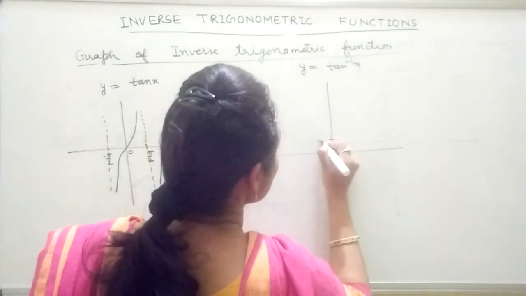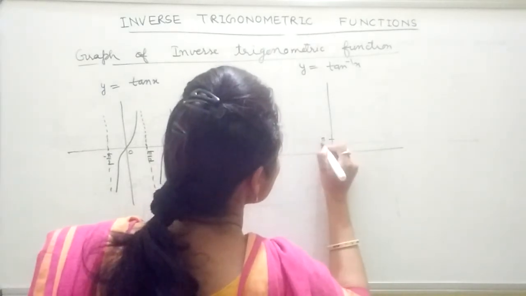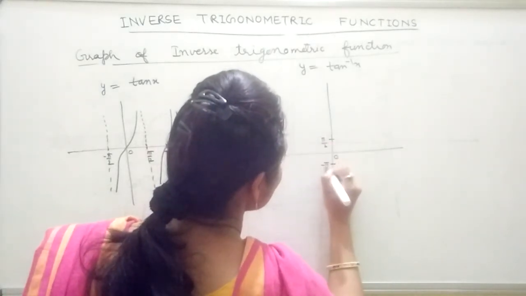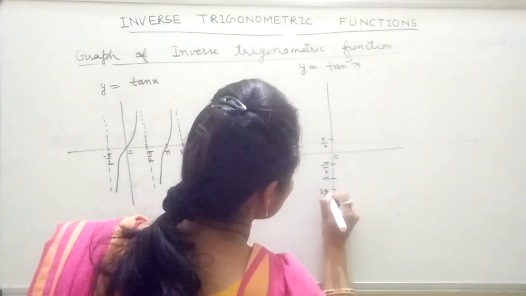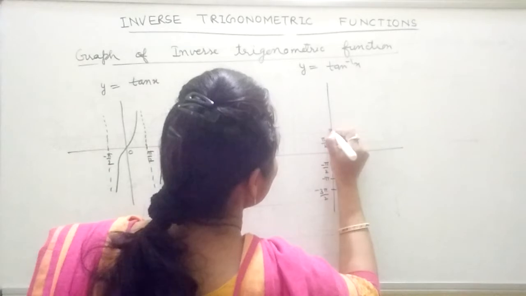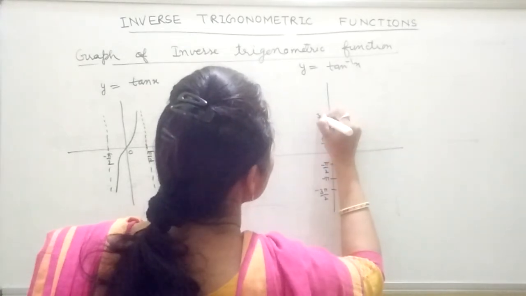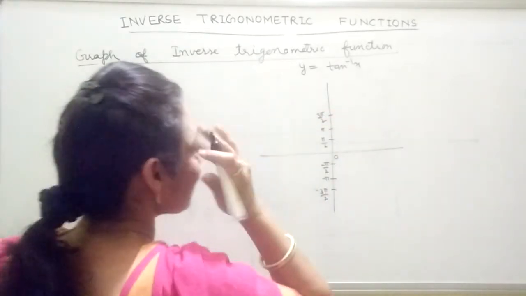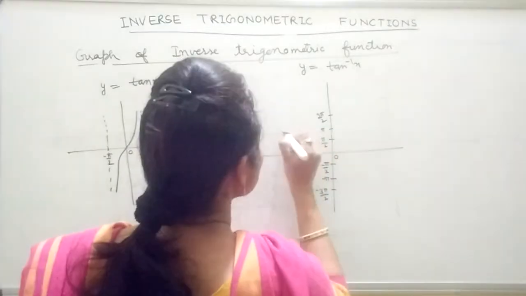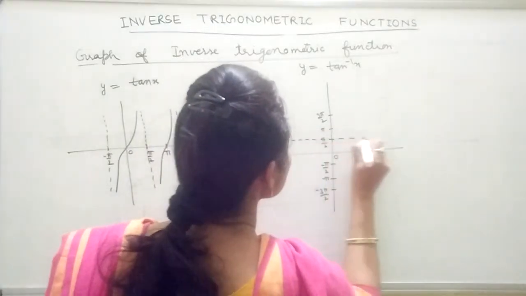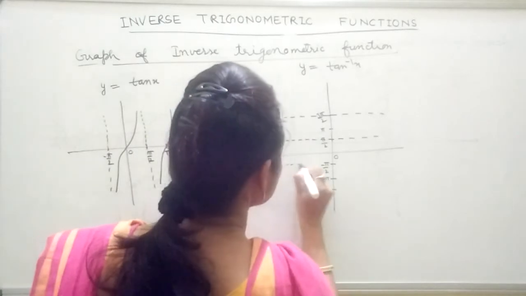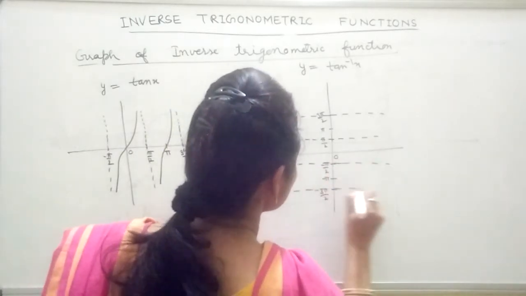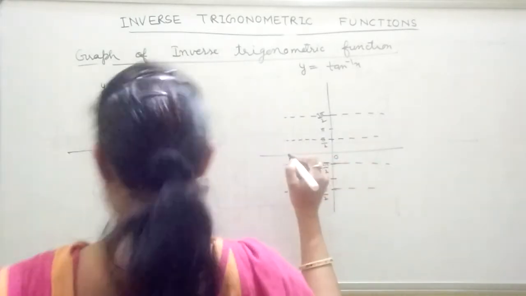Here we have 0, pi by 2, minus pi by 2, minus pi, minus 3 pi by 2, pi and 3 pi by 2. So how can we find the values at pi by 2 and 3 pi by 2? Here we have negative pi by 2, then negative 3 pi by 2, so we have values like this.